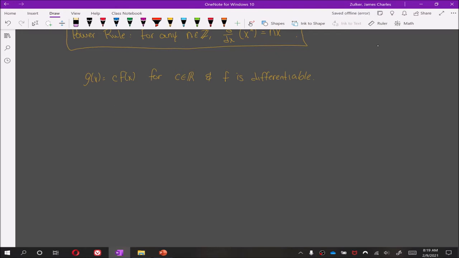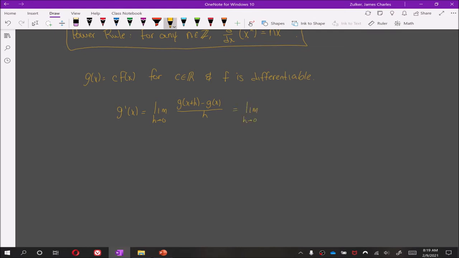So if we take a look now at g prime, again using the definition of the derivative.